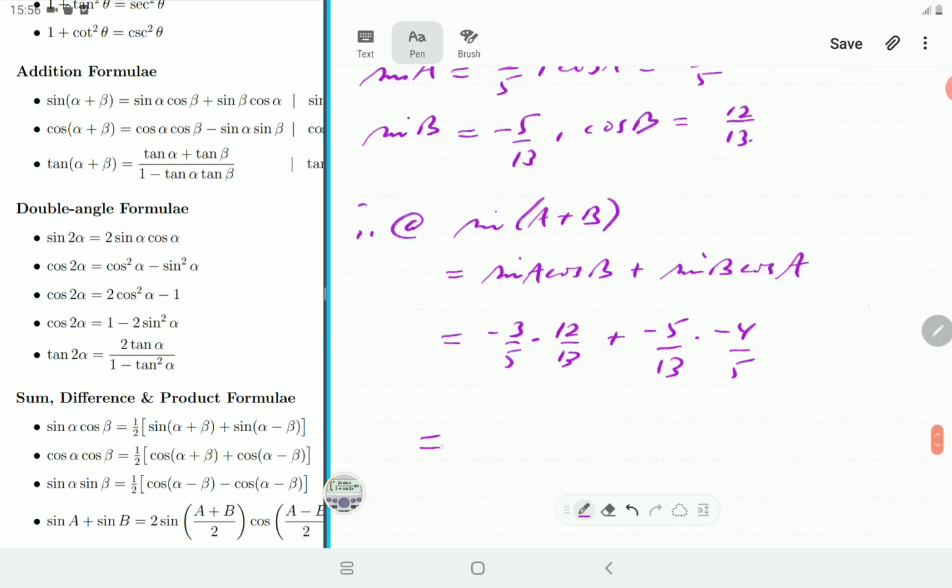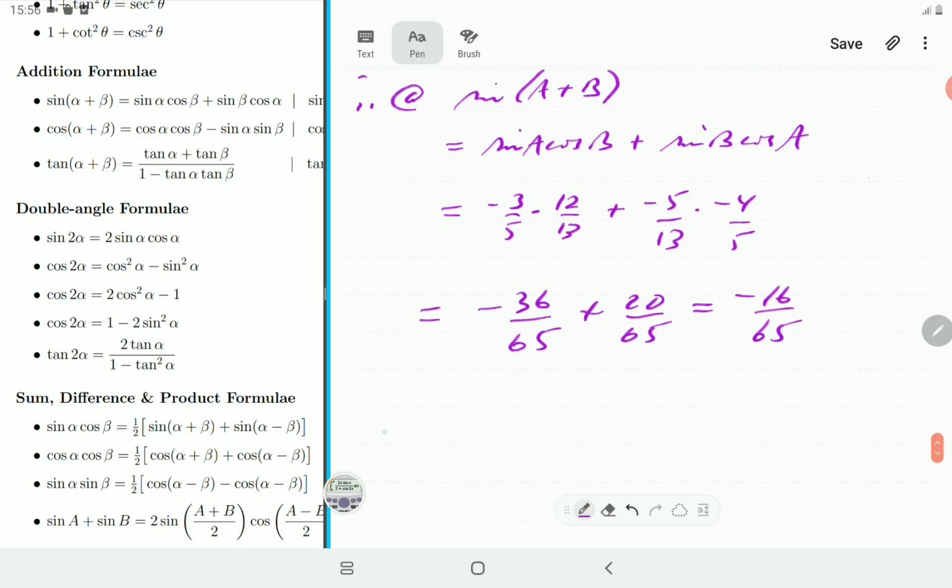So what we're going to have here is negative 36 over 65 plus 20 over 65. So it's going to be negative 16 over 65.